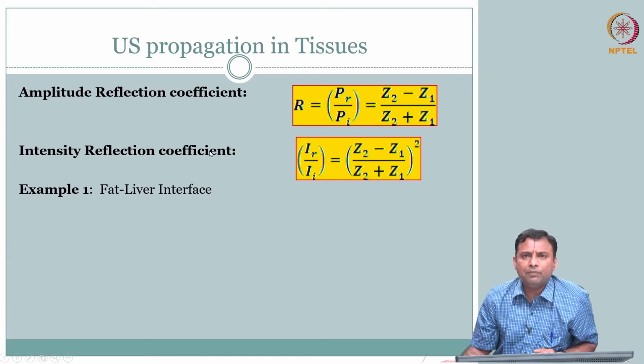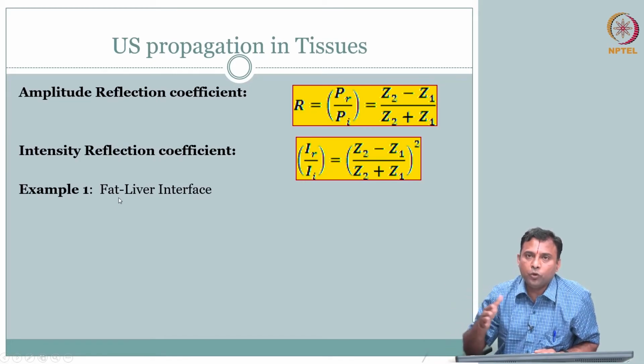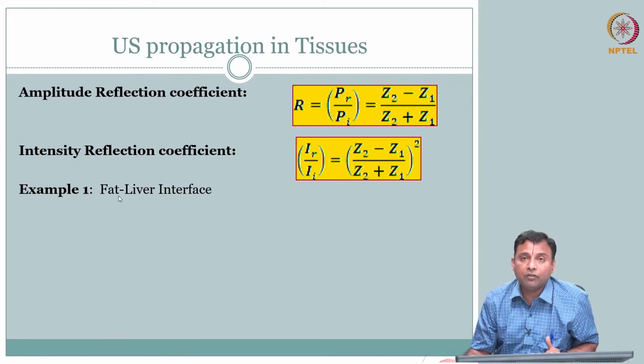Let us take an example just to get a feel for what it is. If you have a fat liver interface, the sound waves are traveling in fat and now they encounter a liver. So what happens at the fat liver interface? Well, we know the values for fat, we know the values for liver, right?